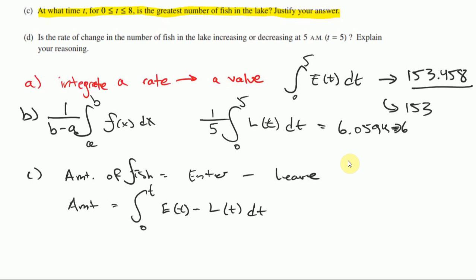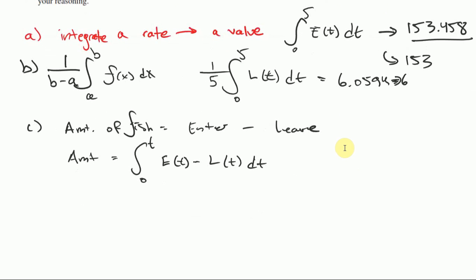And then we're going to see when is the greatest number of fish in the lake. So we're going to see what the max of this is. If we're going to maximize that, then we're going to see when dy/dx is equal to 0, and it's going from positive to negative.